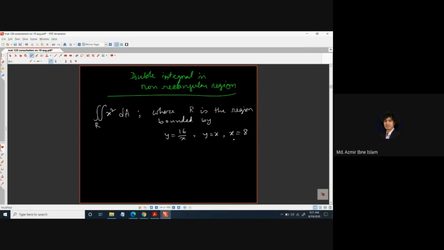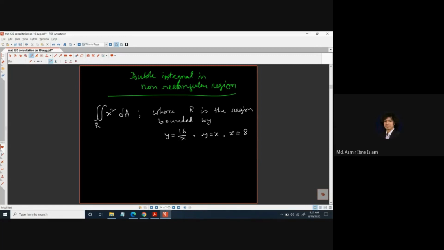We have this integral at this moment, but the limits are not here, and the region R does not have constant values. x equal to 8 is a constant, but y equal to x is a function, and y equal to 16 by x is another function. So the y limits are not constant. Do you understand? Yes, sir.